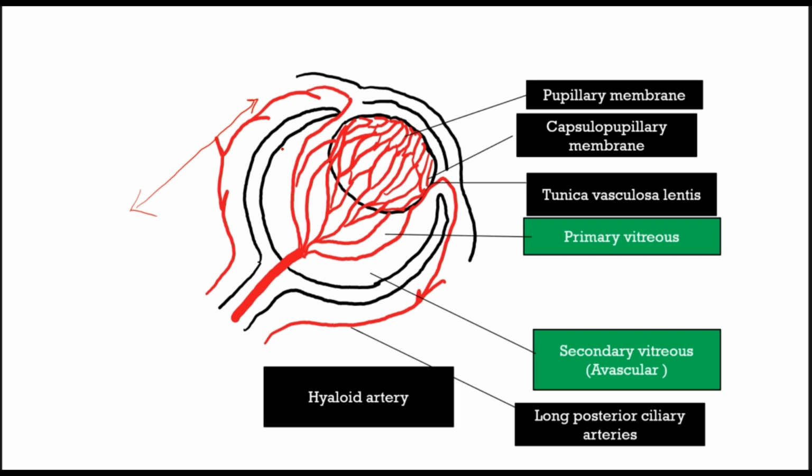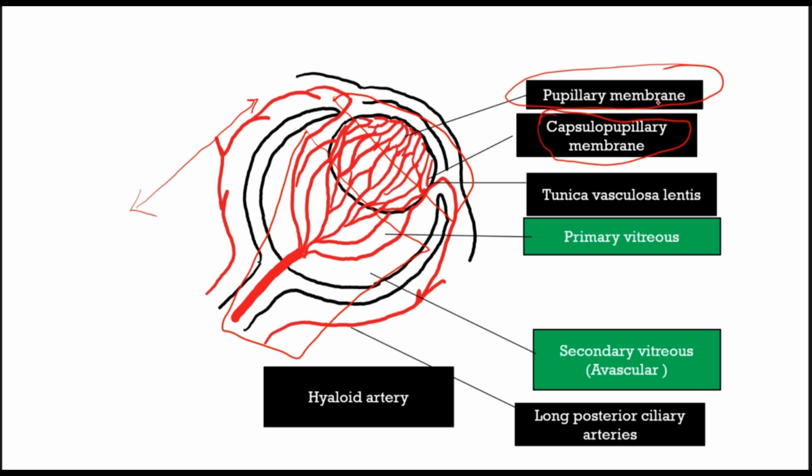The posterior portion is majorly formed by the hyaloid artery and its branches, whereas the anterior portion is being supplied by the long posterior ciliary arteries. The long posterior ciliary arteries form the pupillary membrane, whereas the hyaloid artery supplies the posterior aspect of the vitreous here and the posterior aspect of the tunica vasculosa lentis up to the equator, and at the equator they form the capsulopupillary membrane.